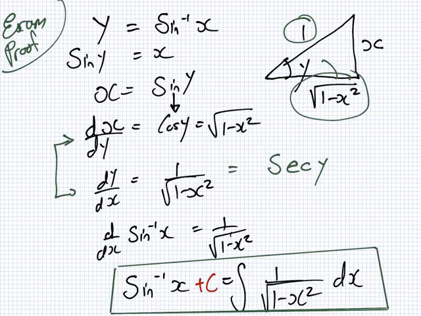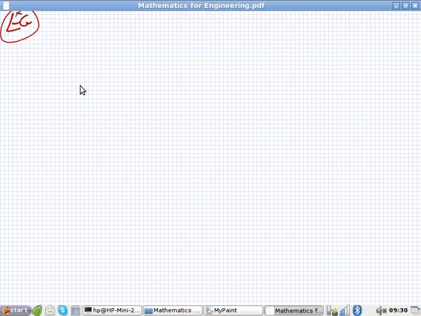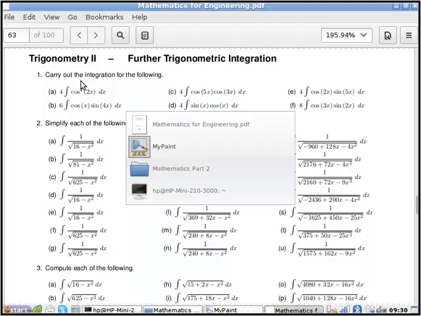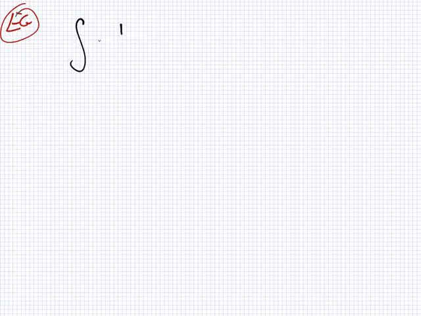So let's have a look at an example. Yeah, we'll go with just the first one as an example. 1 over root 16 minus x squared dx.